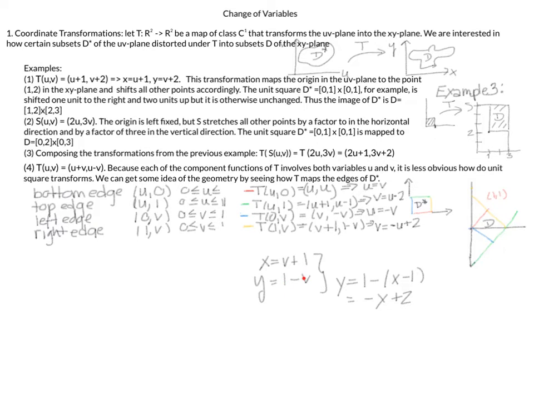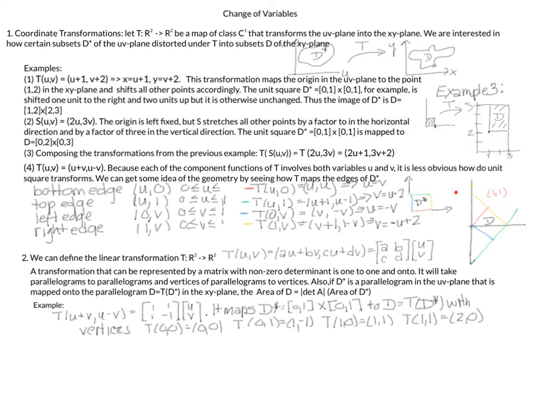So plugging in v is equal to x minus 1 from this equation into this equation here, we get that y is equal to minus x plus 2. And so that's this line here. We have y starting at 2, and then it goes down with a slope of negative 1. So it's parallel to the blue line.